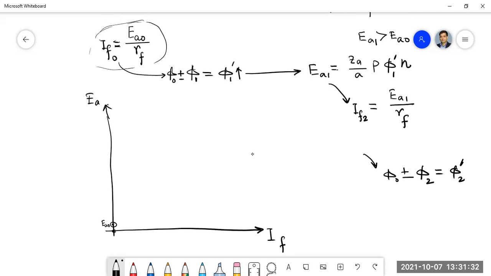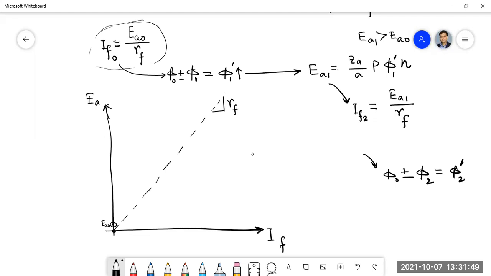By this RF. So that means we should draw a line which is called the RF line. What is the slope of this line? This slope is RF.